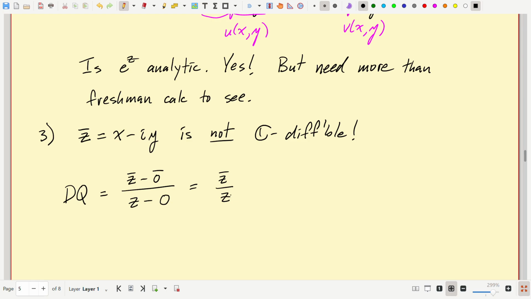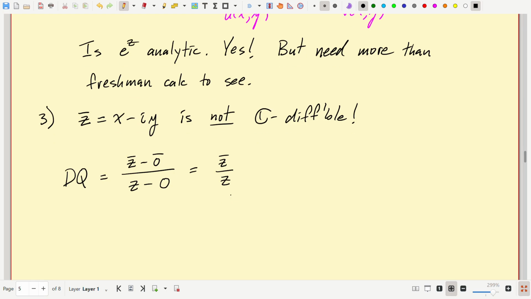I guess the easiest way to see this is not going to tend to something is to write it in polar form. Let's write z equals r e to the i theta. And z goes to 0 exactly when r goes to 0.